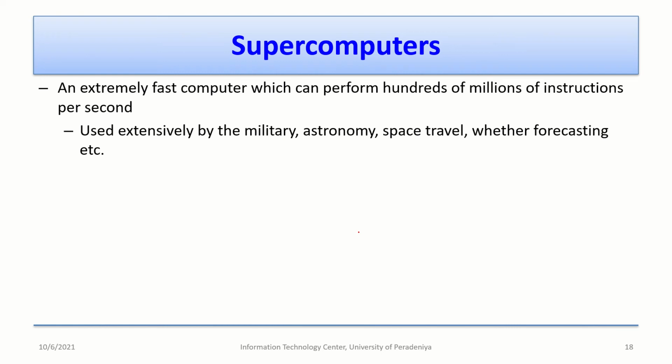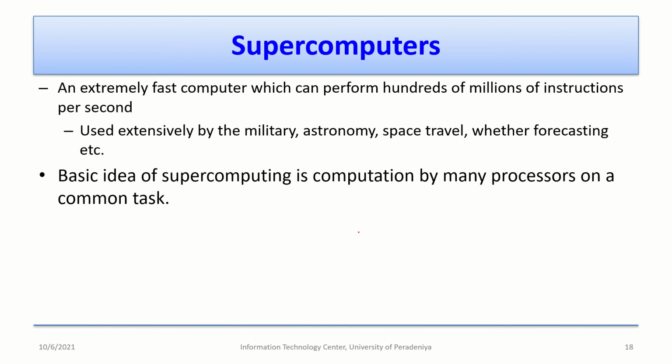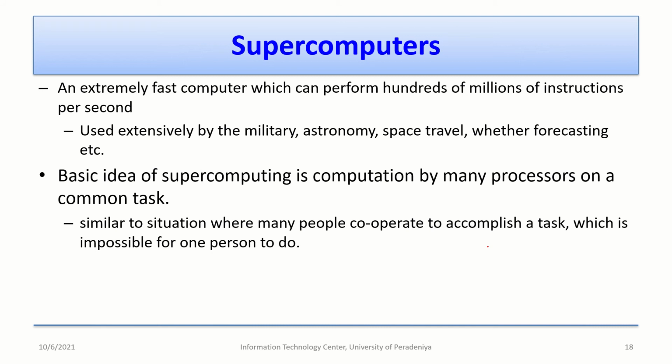And the basic idea of supercomputing is computation by many processors on a common task. That is, if there is a particular task, the task is assigned to a number of processors.